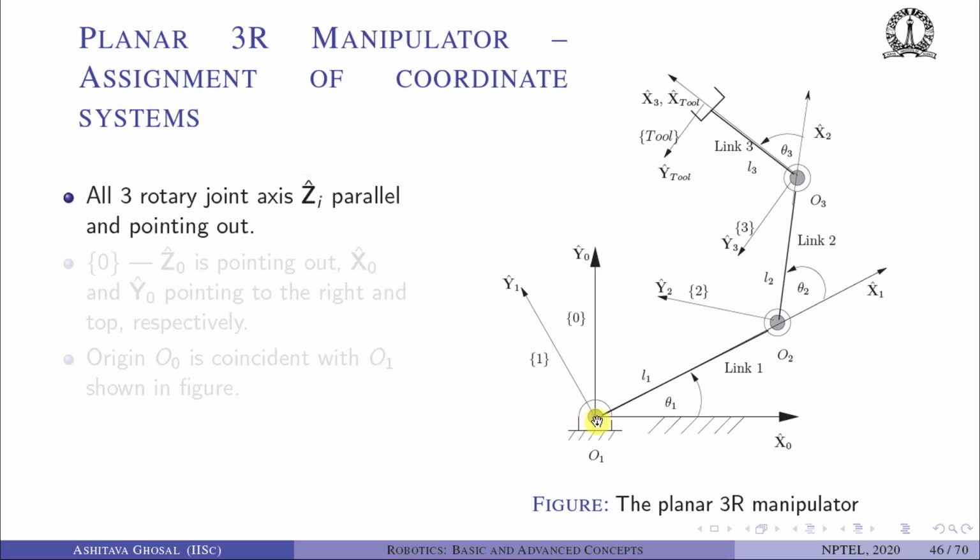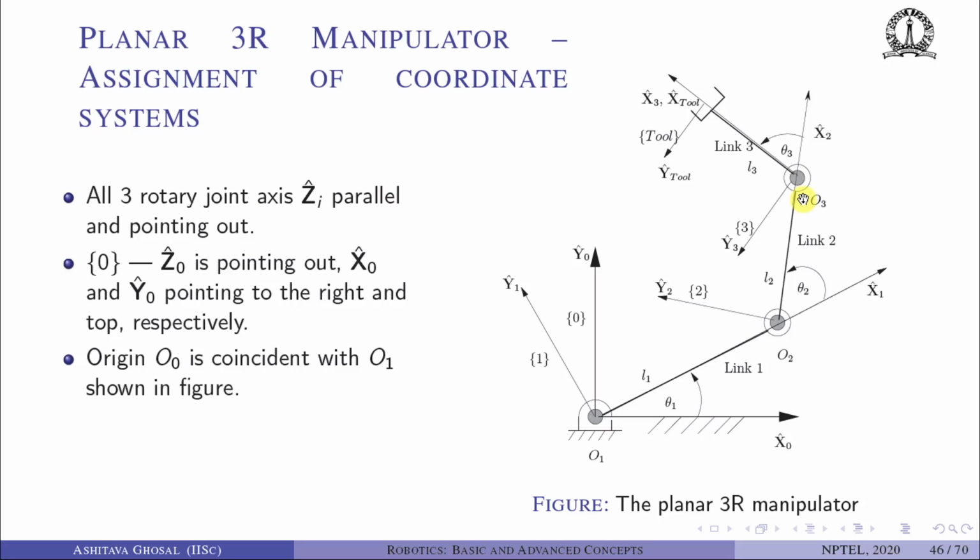So Z1 is here, Z2 is here, and Z3 is pointing out. The 0th coordinate system is described by Z0 and X0, and Y0 is to the right here. So this is a choice we have made of the 0th coordinate system.